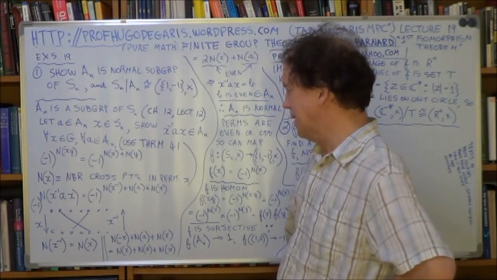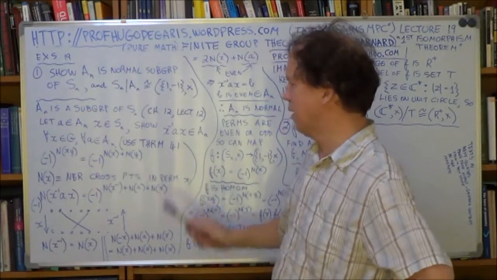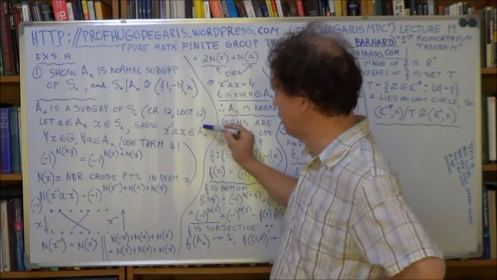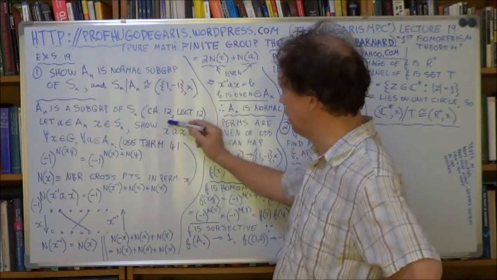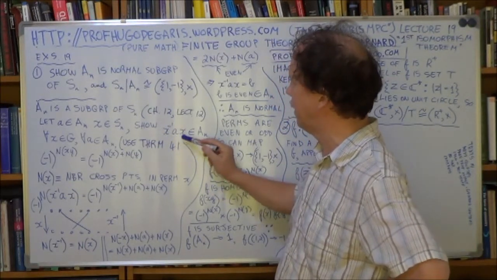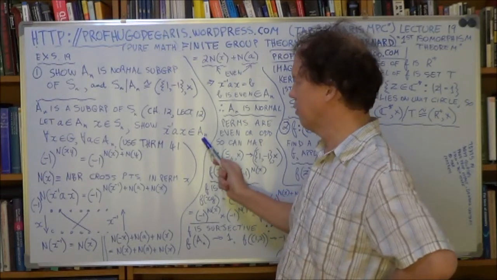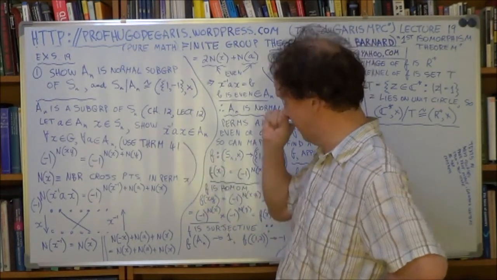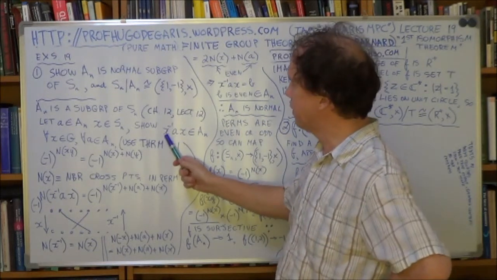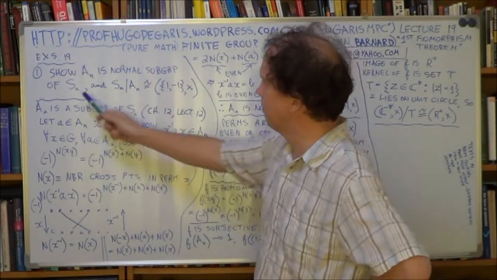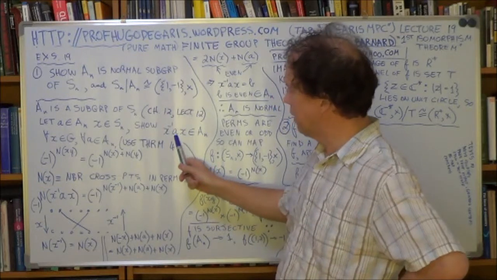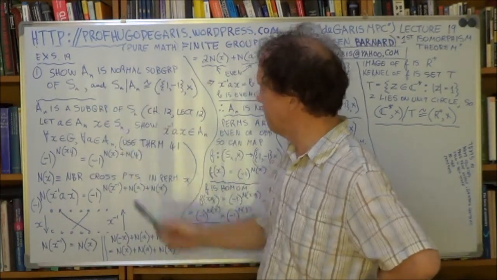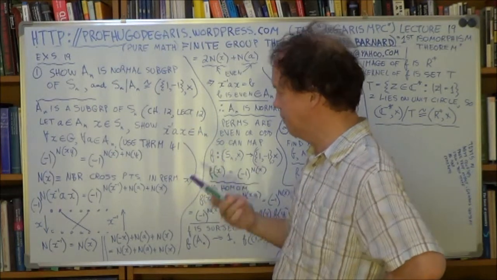So this is what we need to show: that x inverse a x belongs to the alternating group, no matter what x is, or no matter what little a is. So for all elements x of your symmetric group Sn, and little a, any element of your alternating group. We need to show this in general.